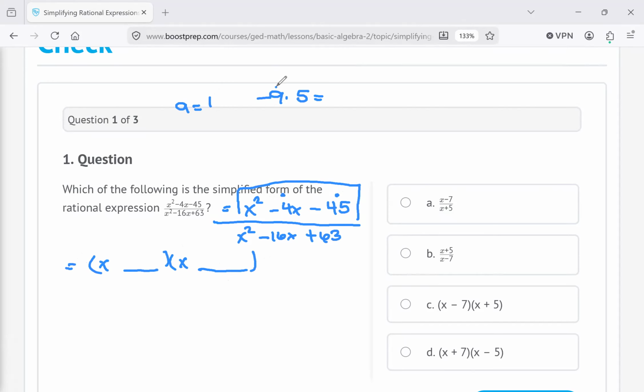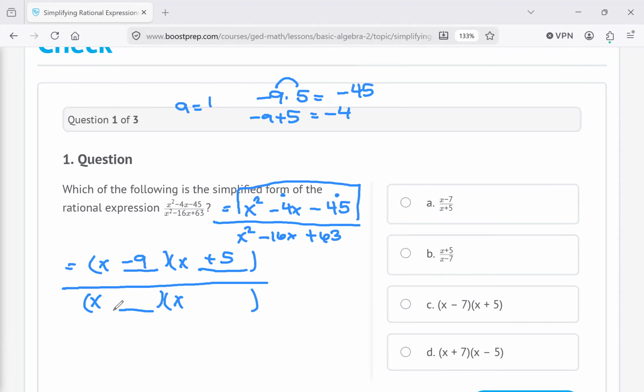Check it. What's -9 times +5? -45. What is -9 plus 5? -4. So you put -9 here and a +5 there. Now do the bottom. Write out your two parentheses, an x here and an x there, and then blank space, blank space.